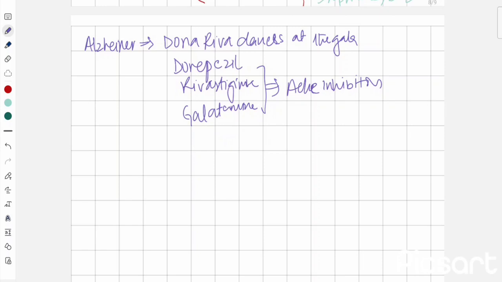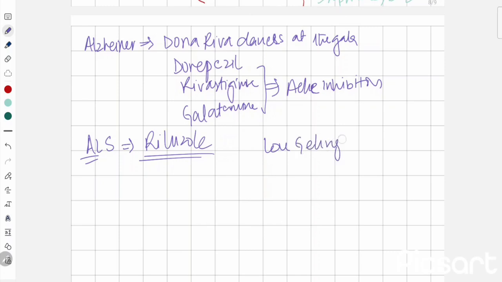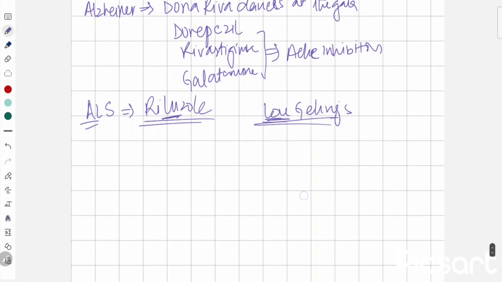Then there is another condition called amyotrophic lateral sclerosis. You give riluzole, and the mnemonic is that because this is also called Lou Gehrig's disease, you can say that treat Lou Gehrig disease with riluzole. So Lulu is the same.